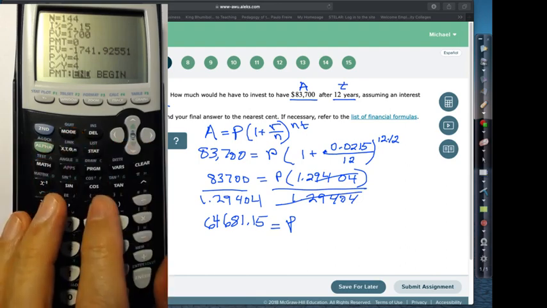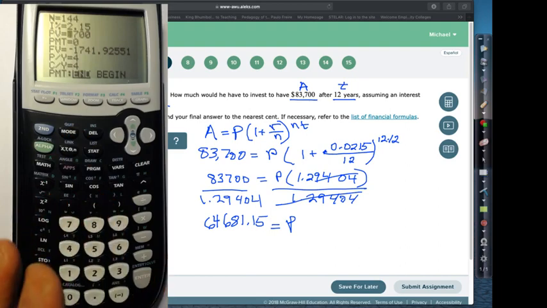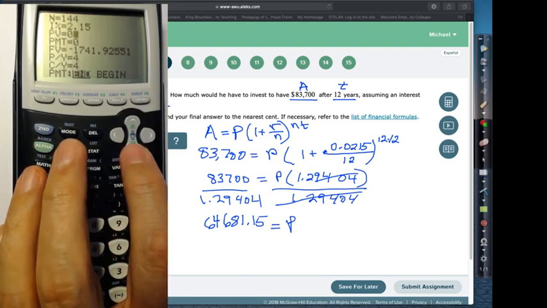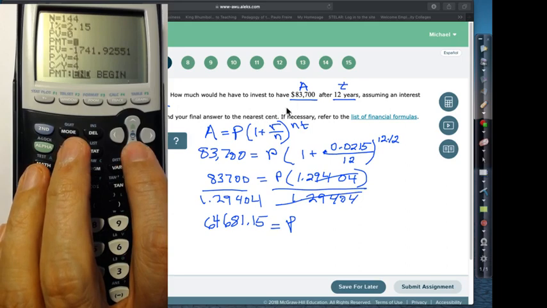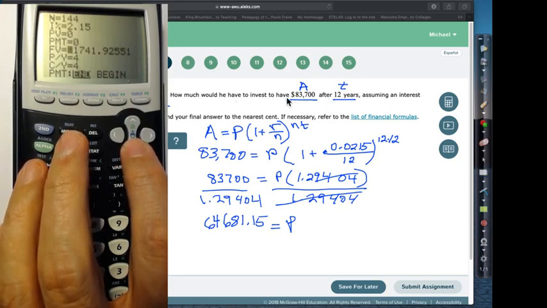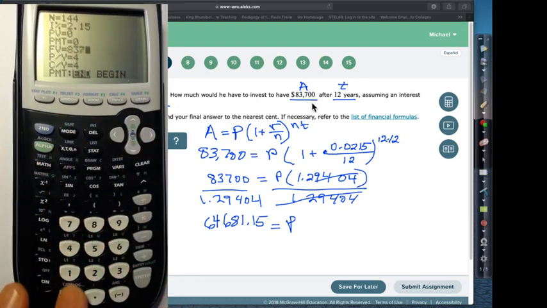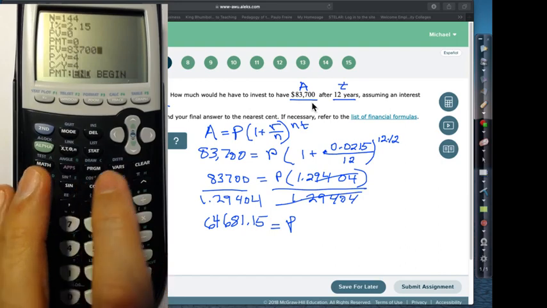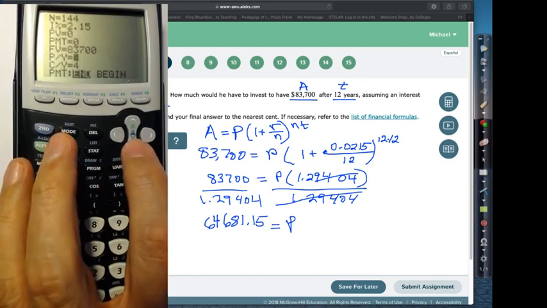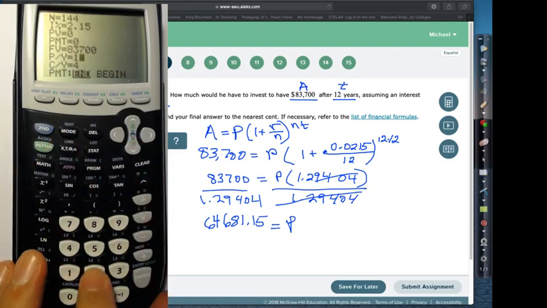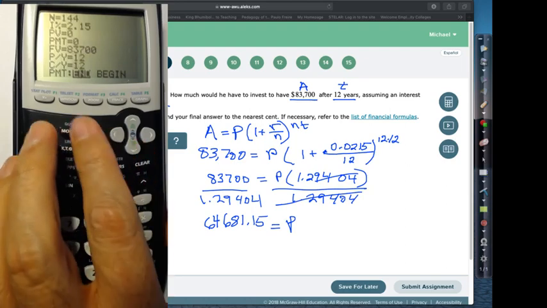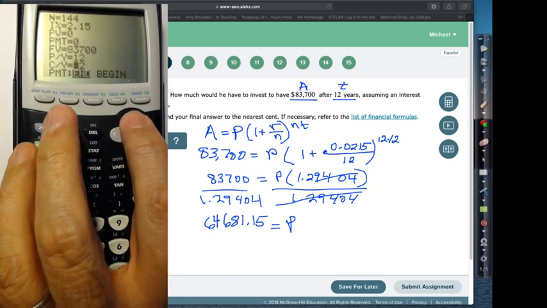Arrow down or hit enter. Present value, well, we don't know what that is. That's what we're looking for. I'm just going to put a 0 there for now. Arrow down. There are no payments, so I'll leave that at 0. And our future value, what we need in the future, is 83,700. We are compounding monthly, so payments per year becomes 12, and notice compounding per year becomes 12.